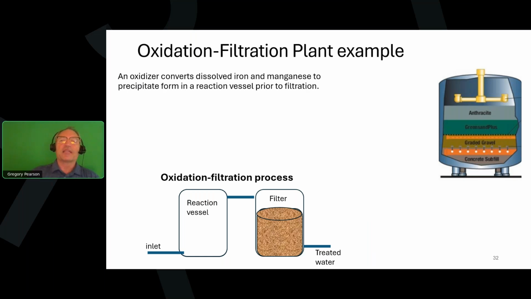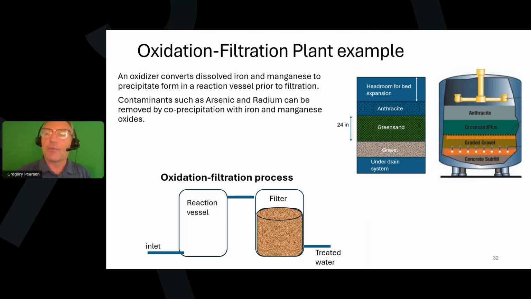It's a pretty simple but effective process. It can remove iron and manganese, but it can also co-precipitate things like arsenic and radium. The only caveat to know is that manganese takes a lot longer to oxidize than iron. Iron can often oxidize in less than a minute, but manganese can take more than 10 minutes.